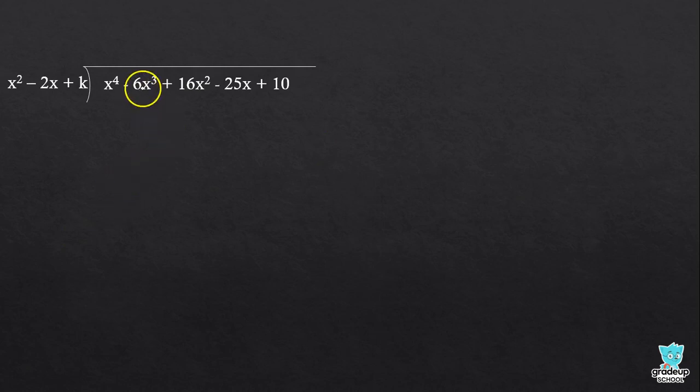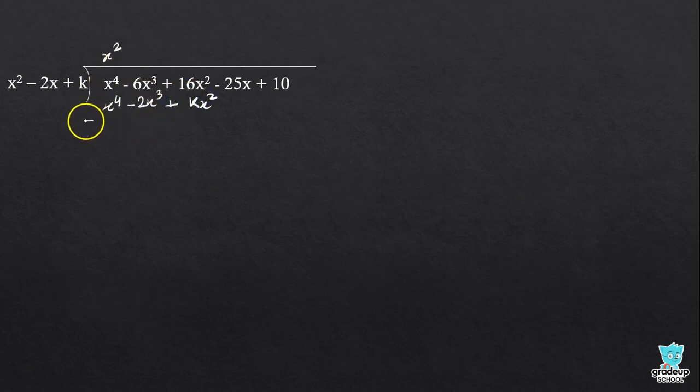So let's begin. The first term of the dividend is x^4 and the first term of the divisor is x^2. When we divide, we get x^2. Now we multiply this term with the entire expression of the divisor. We get x^2 times x^2, x^4, minus 2x^3 plus kx^2.